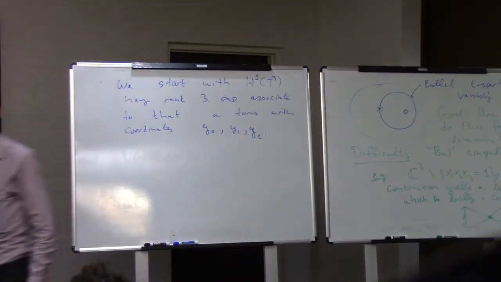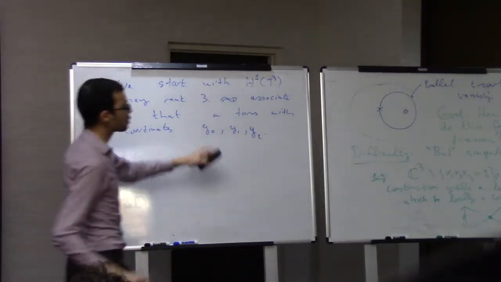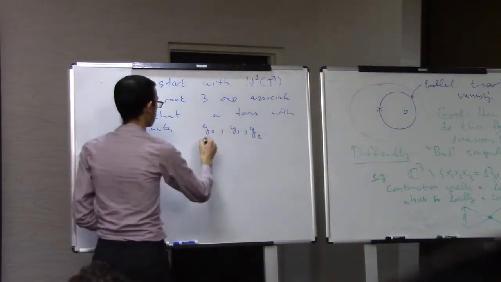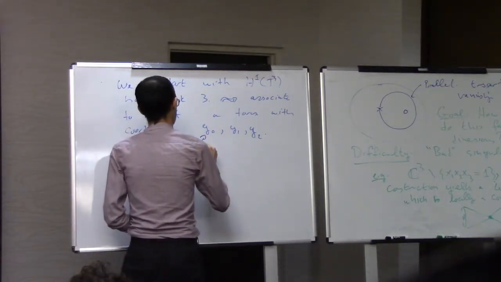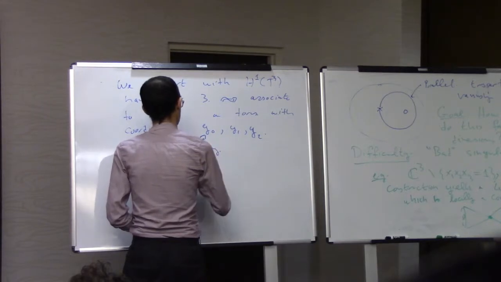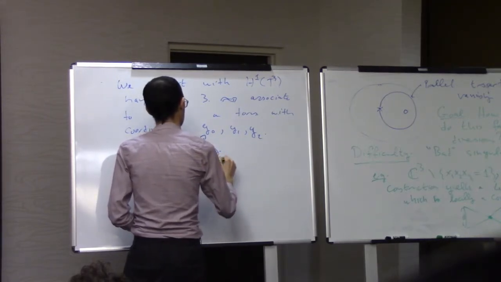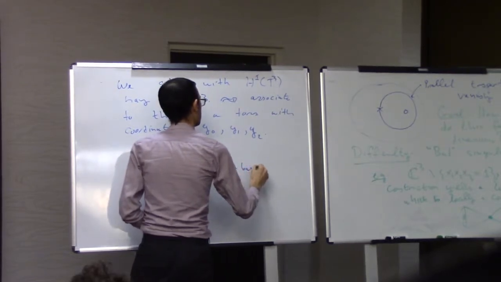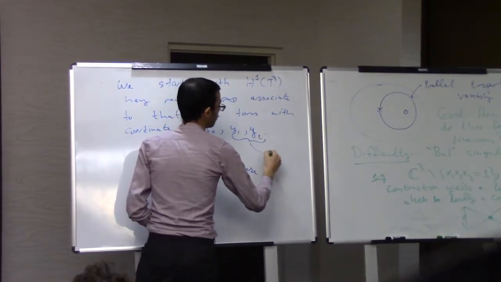So what is y0? Y0 measures the monodromy of my local system in the base. And these two are in the fiber.